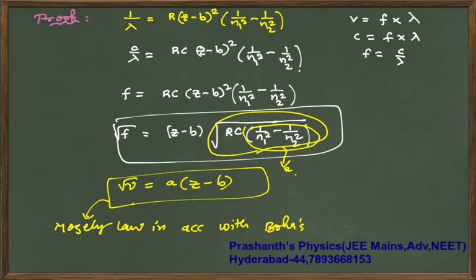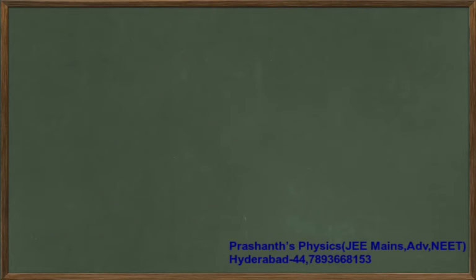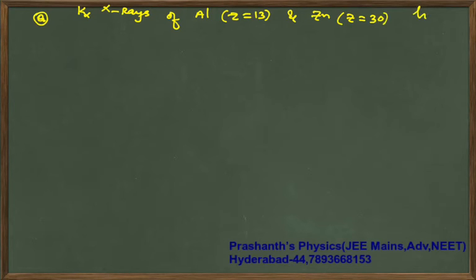So for example, let me give you a question. This is your Moseley's law, so let me give an application. Your question is this: K alpha X-rays of aluminium (Z is equal to 13) and zinc (Z is equal to 30) have wavelengths 887 picometer and 146 picometer respectively.